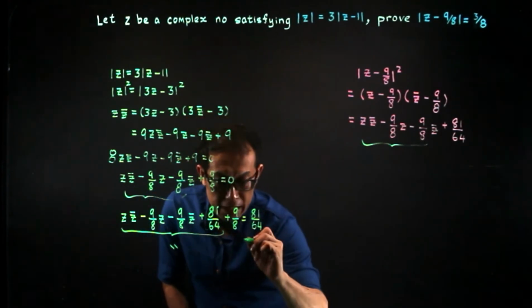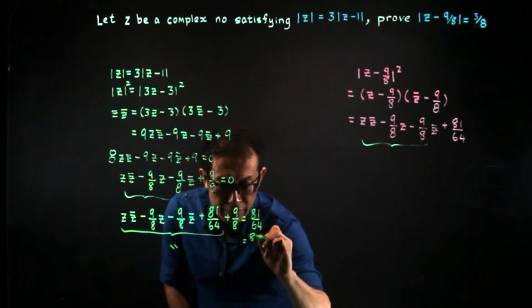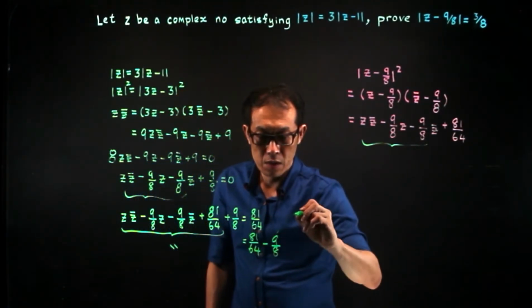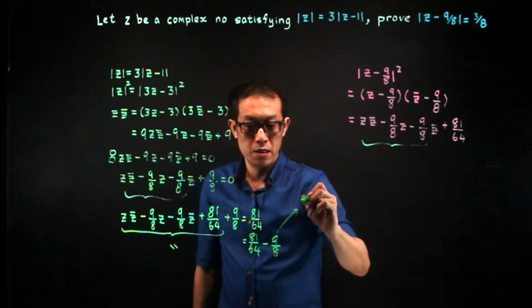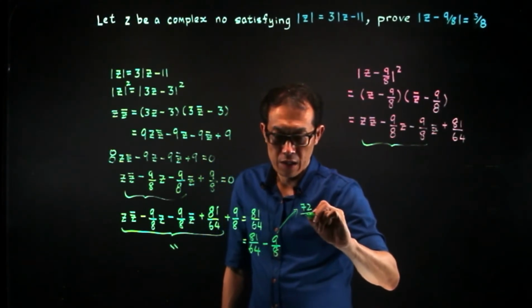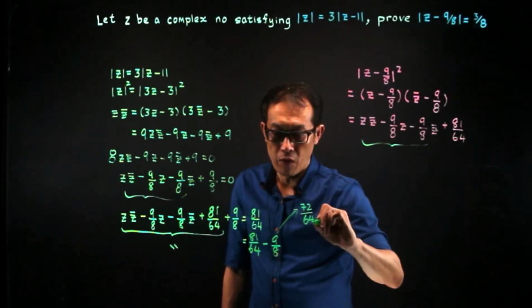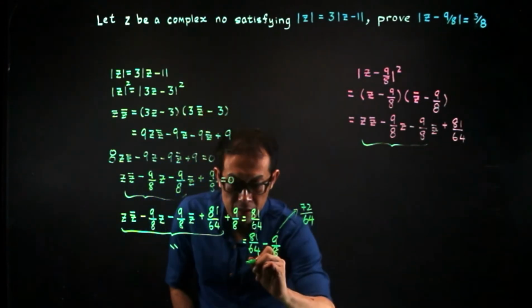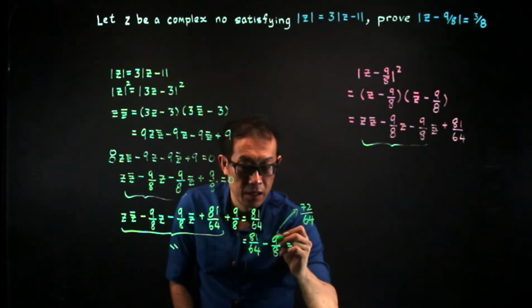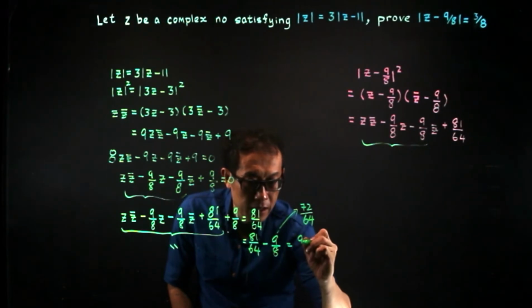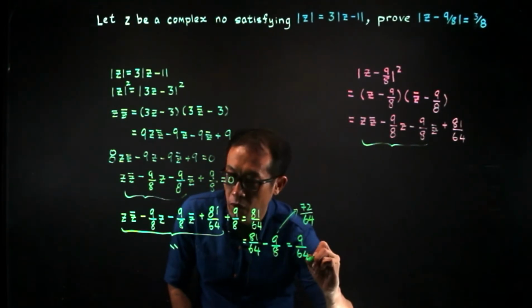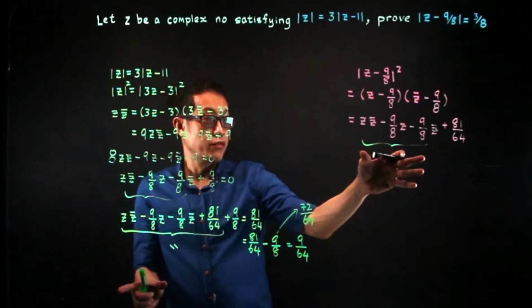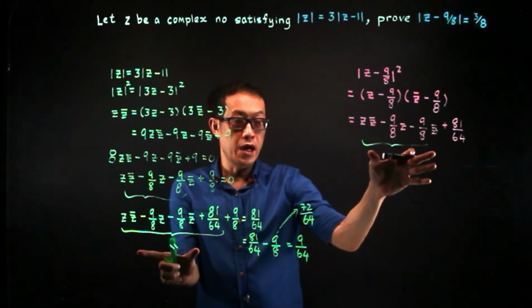So I minus 9 over 8 on the left and right. Now what is this equals to? This is 72 over 64. So this minus this, I get 9 over 64. Now from here, you know what this is equals to?